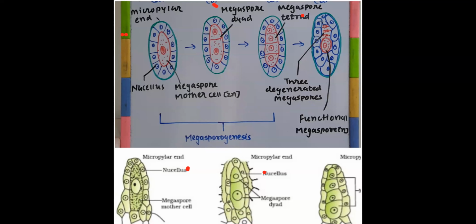In the structure of the megasporangium, outside there are two protective envelopes that we call integuments.